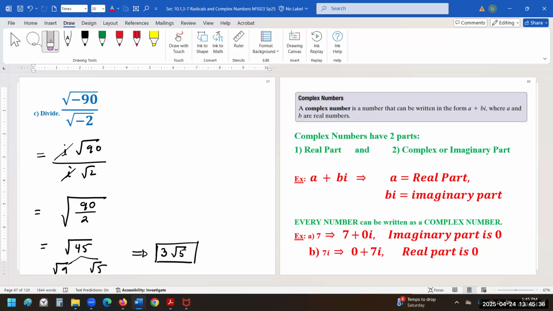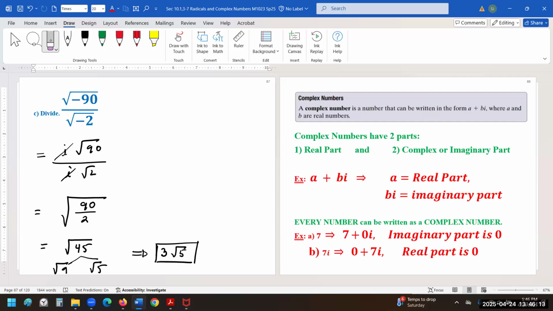Okay, so we have enough information on how to simplify imaginary numbers, how to convert a negative sign under the radical to i. And now we are going to do addition, subtraction, and more multiplication and division. So imaginary numbers, we call them the group. The group where the imaginary numbers belong, we call complex numbers. A complex number has a format: the real number first, and then the imaginary number.